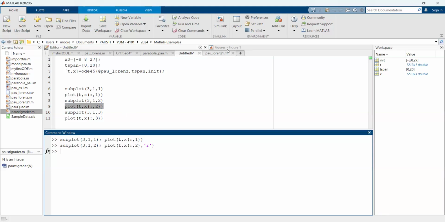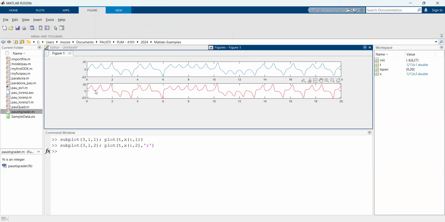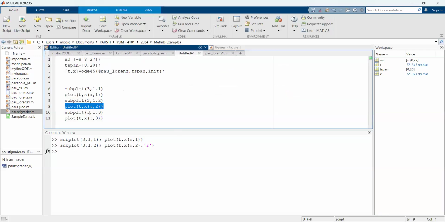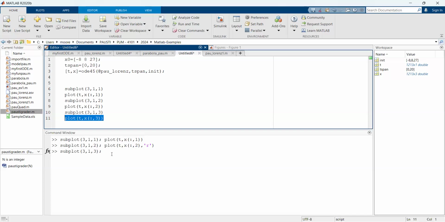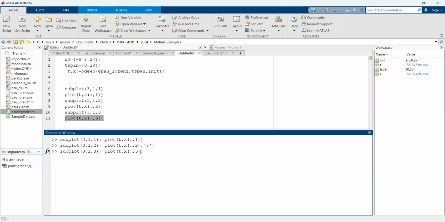Okay, now let's go and see the figure. Now you can see this is 1, this is 2, and now it's 312. The third one will come down, and now we can do t against x3, right? This is good.